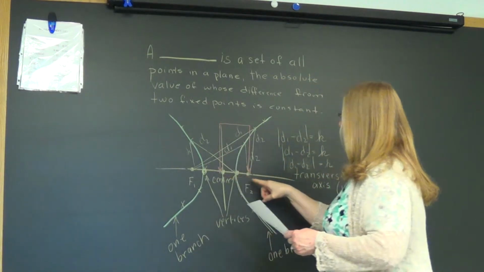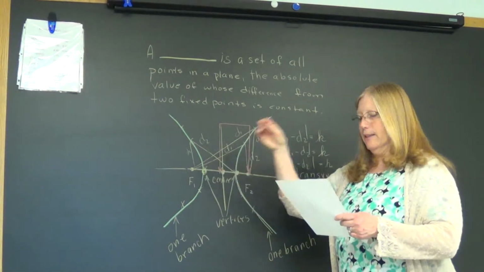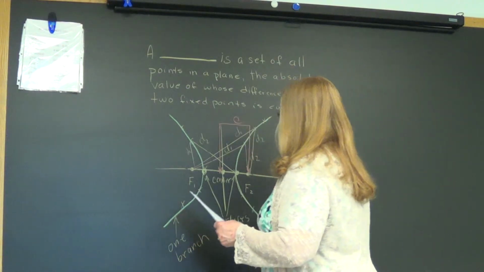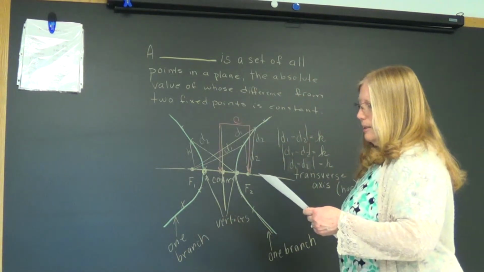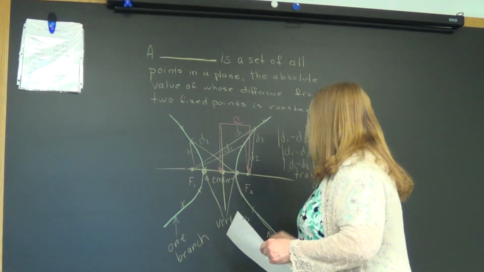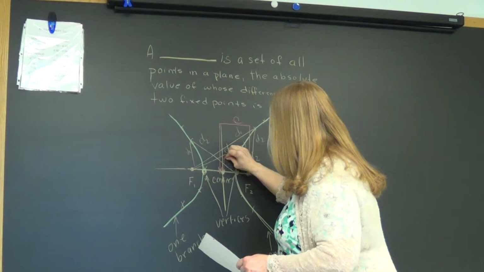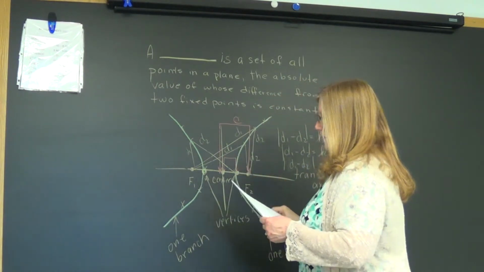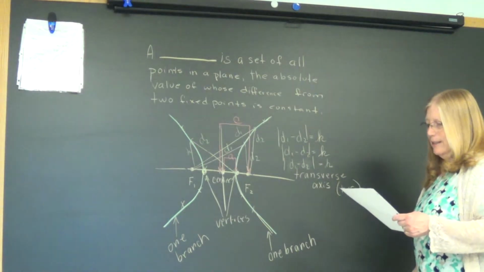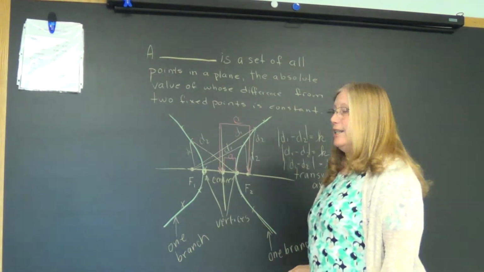From the center to the focus, as well as this side, I'll just put it on one. That value is C. And the distance from the vertex to the center, this value right here, that value is A.